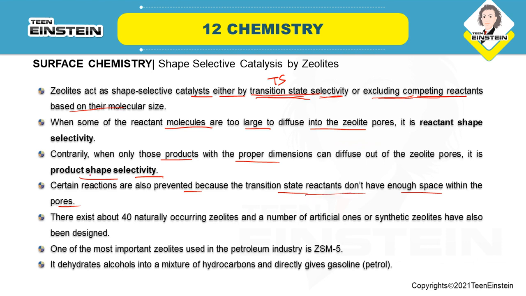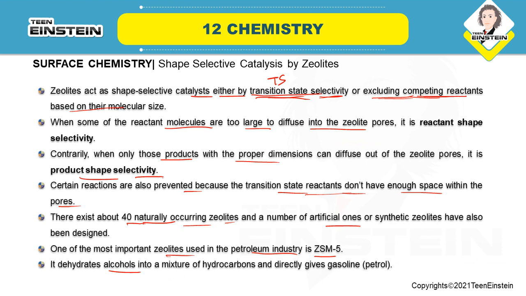There exist about 40 naturally occurring zeolites, but some are also man-made, that is synthetic zeolites, designed depending on the requirement. One of the most important zeolites used in the petroleum industry is ZSM5. Its role is that it dehydrates alcohol molecules. In alcohol there is carbon, hydrogen, oxygen.